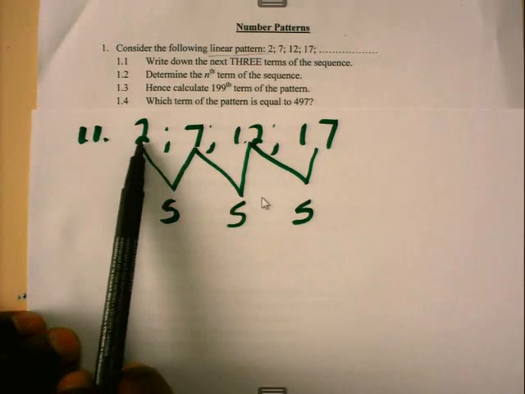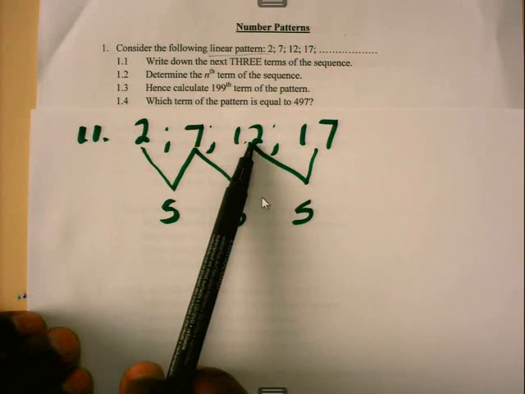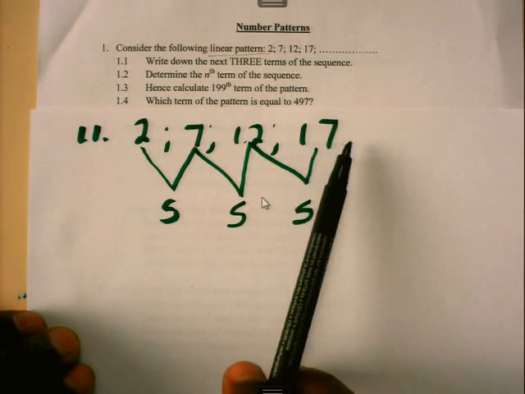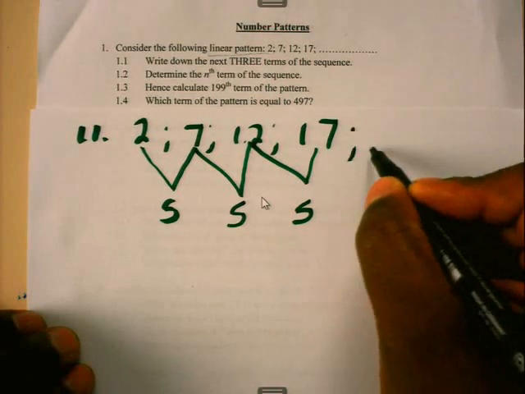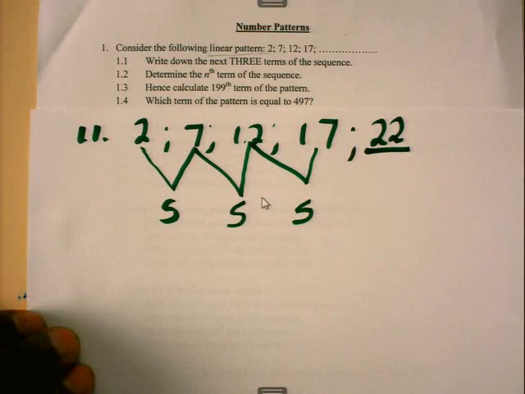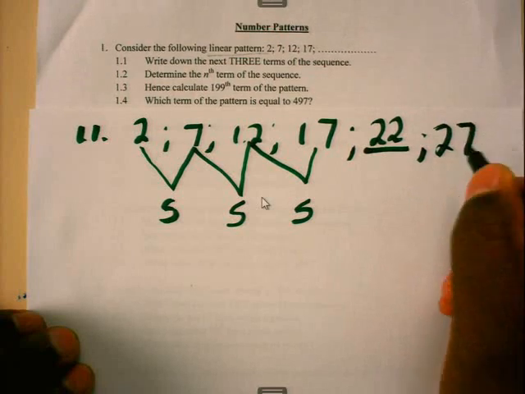Starting at 2, 2 plus 5 will give you 7. 7 plus 5 will give you 12. 12 plus 5 will give you 17. Then you continue the pattern. 17 plus 5 will give you 22. Again, 22 plus 5 will then give you 27.